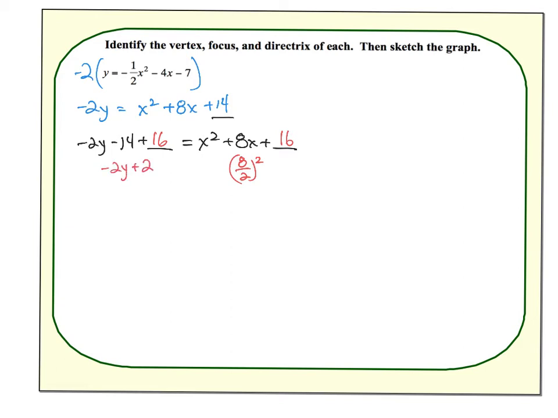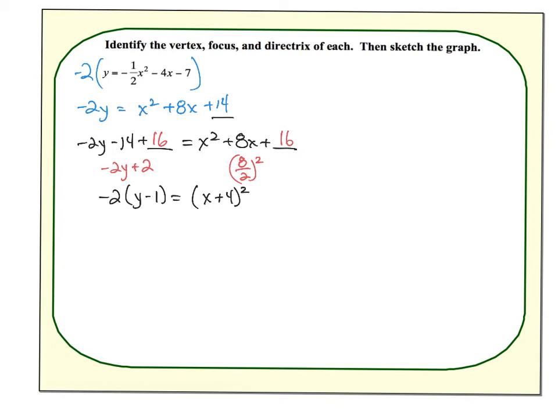But I need to do something to that because I also need y to have a coefficient of 1. So what do I need to factor out? A negative 2. So now I have a negative 2 times (y minus 1) is equal to, what does that complete the square to? (x plus 4) quantity squared.